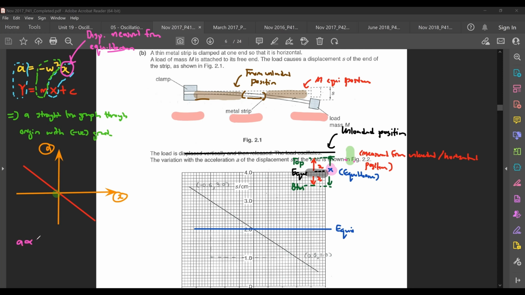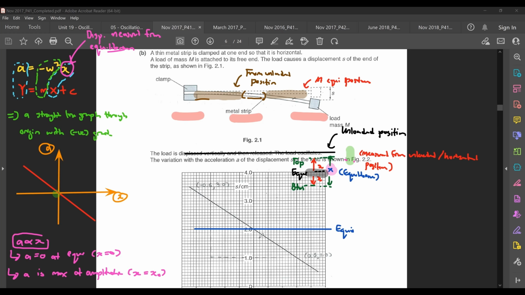Because a is proportional to x, a is 0 at equilibrium, meaning to say x is 0. But a is max at amplitude, meaning to say x is x0. Okay, this is just one thing to note.